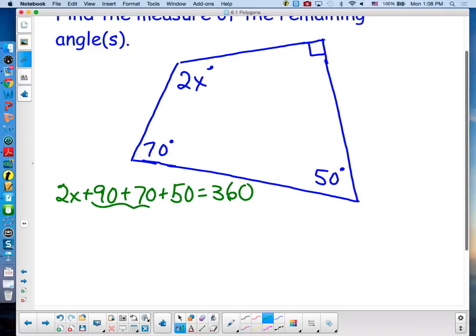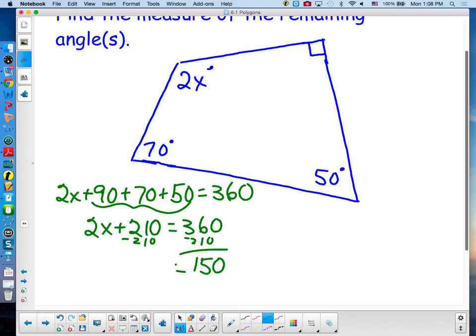What did 90, 70, and 50 add up to? 210. So 2x plus 210 has to equal 360. Subtract 210. 150 equals 2x. So x would be 75.